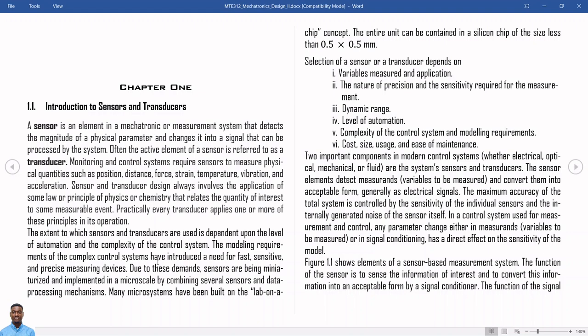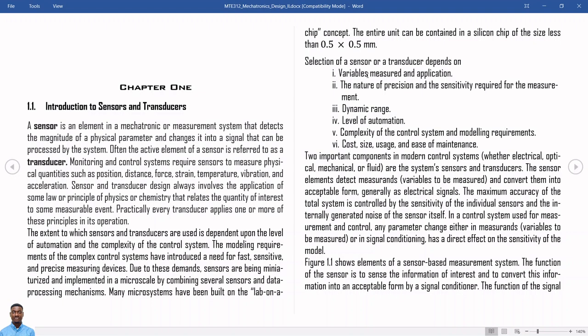So that has increased the need for sensors to be more miniaturized, and even the combination of 2 or 3 or more sensors on a single chip, which is probably as small as 0.5 by 0.5 mm. So the selection of sensors or a transducer depends on some factors. Number one, like I've explained earlier, is the variable or variables measured and the application: what you want to measure or the application you want to use such a sensor for.